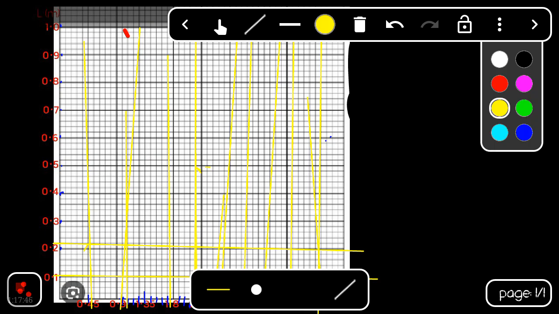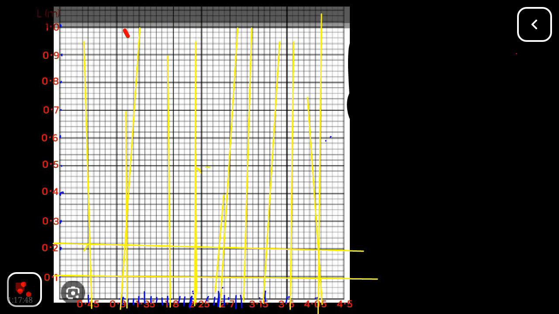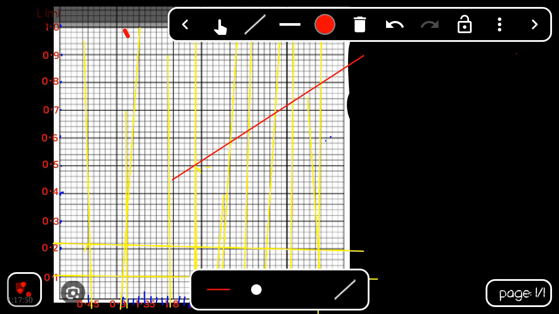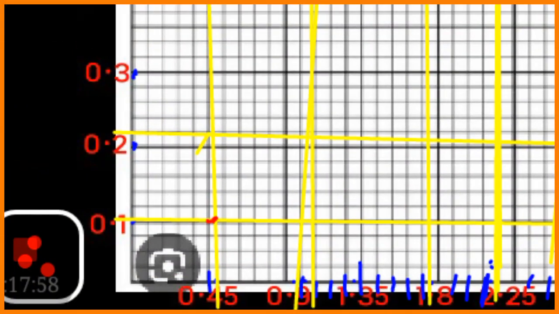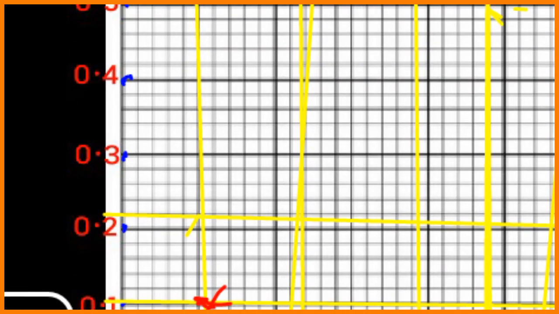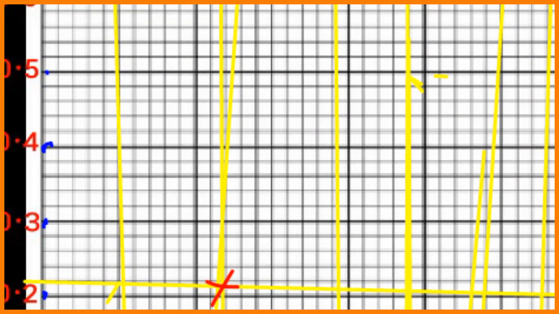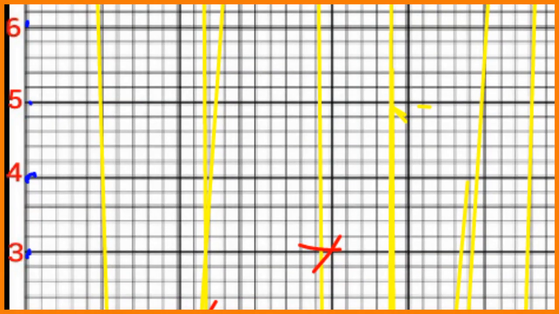So your points will be somewhere around this point, and this place for the second one, the third one this place, the fourth one is actually this place.